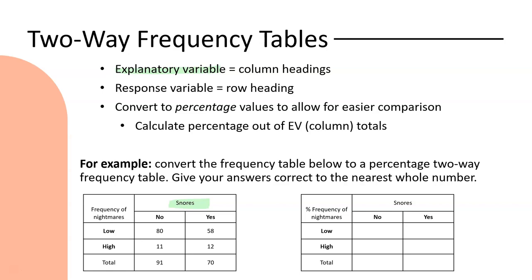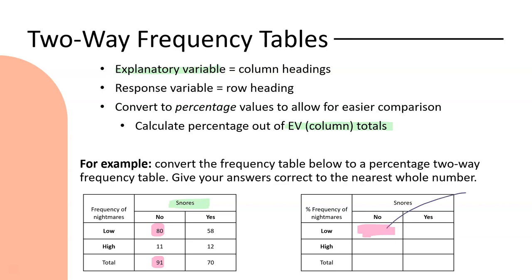If we want to convert from our two-way frequency table on the left to a percentage frequency, we are always calculating with the column totals. So to work out what must go in our no low, it would be the number of no and low, 80, divided by our total number of no from the explanatory.